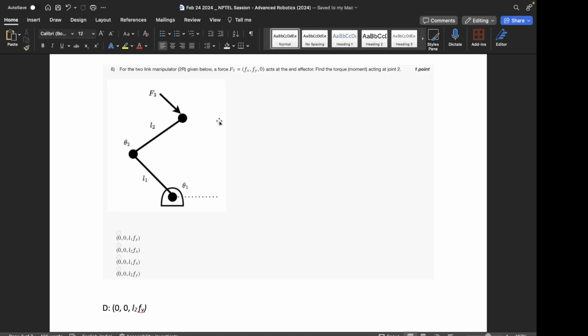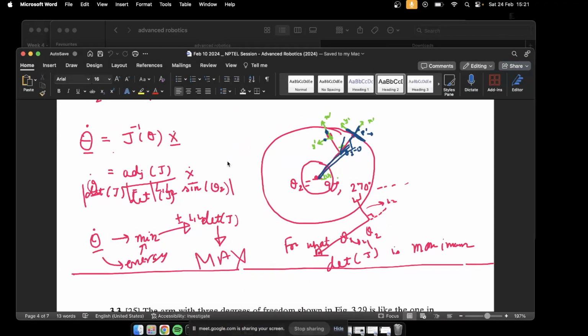So we have the concept of force and moment propagation, right? That if I apply a force at the end effector, then how does it affect all the other links in the chain, and how does it affect the joint torques at all the joints in the mechanism, right?